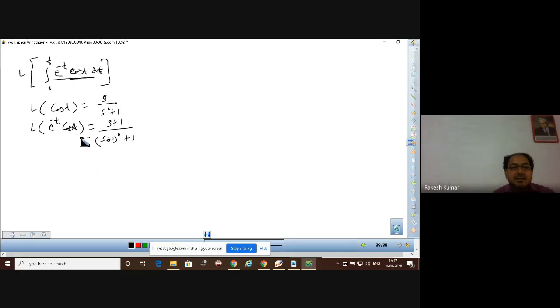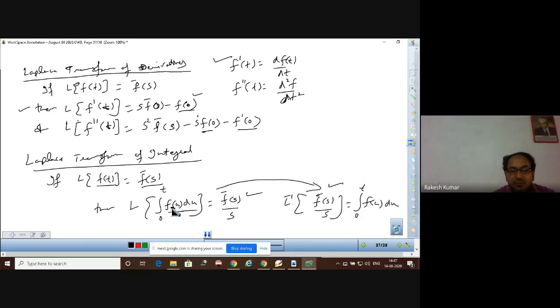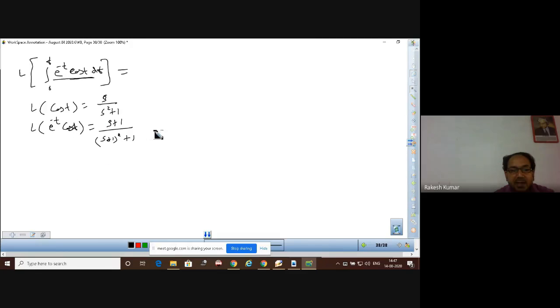By using the Laplace transform of integral rule, we just need to divide this f bar s by s. It comes out to be 1 by s, s plus 1 over s plus 1 whole square plus 1. This is straight away the required result.